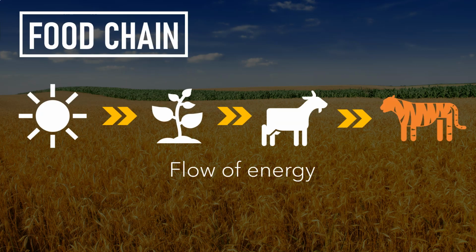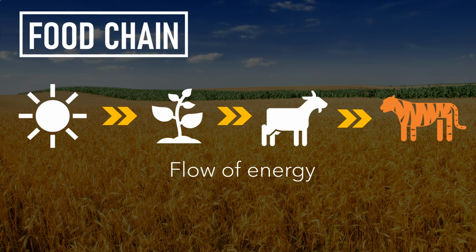Let's look at a food chain. As you all know, the driving force behind every food chain and food web is the sun. So plants synthesize food using non-living abiotic substances such as sunlight, carbon dioxide, and water. And these plants provide nutrition to goats, and the goats are eaten by the tiger.